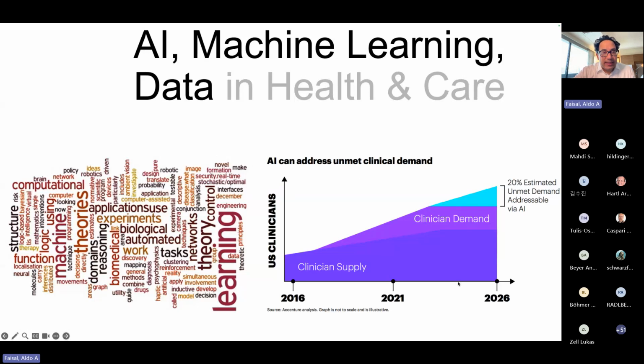Now, when we're talking specifically about data, AI and machine learning in healthcare, we need to be aware of what the setting is. And of course, you are all in healthcare aligned degree courses and professions. And so the idea here is really that we have a rapid rise in the demand for clinical health and care.